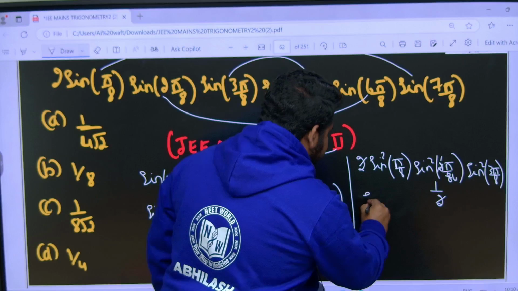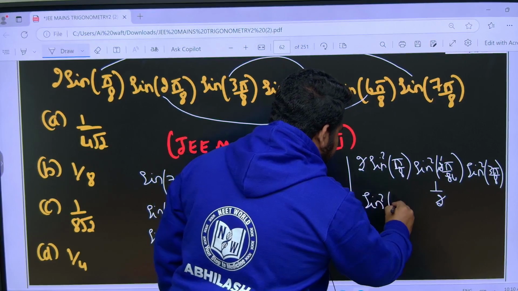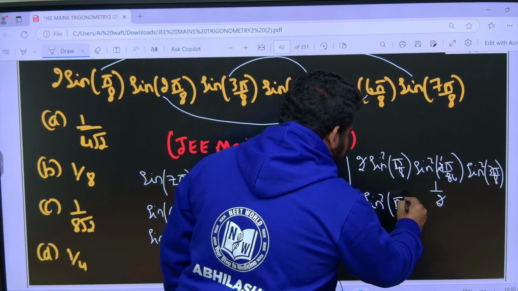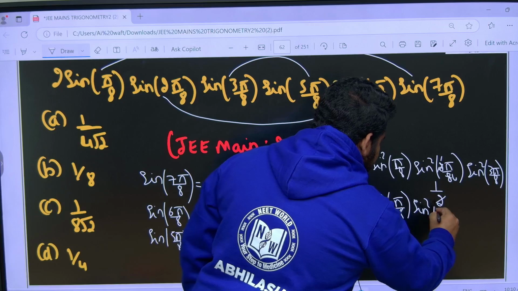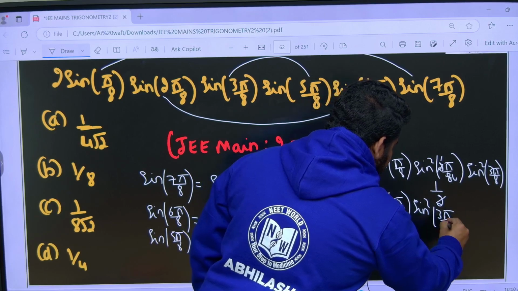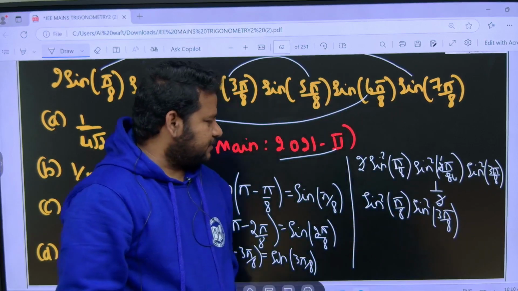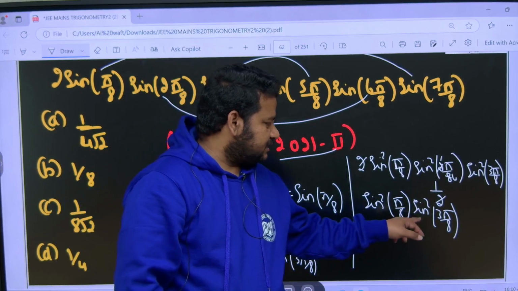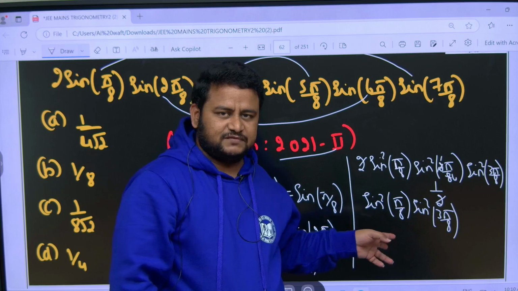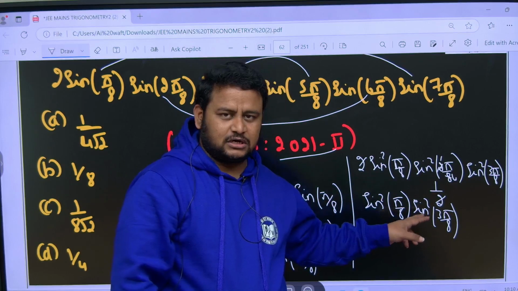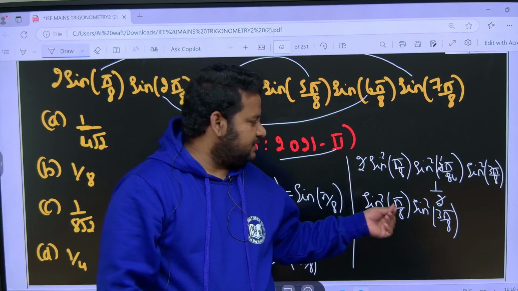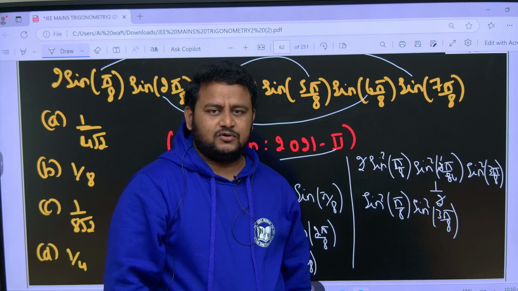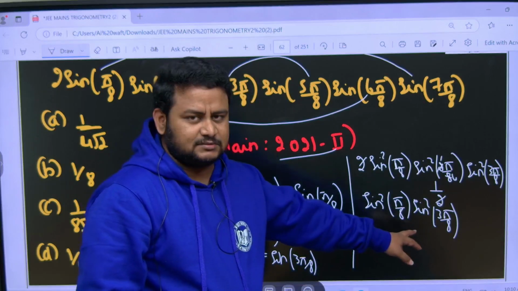Now we are left with sin square pi by 8 and sin square 3 pi by 8. Okay. So here you may think sin square pi by 8 is there, sin square 3 pi by 8 is there. Suppose if it was cos instead of sin, you could have taken something like sin 2 theta, correct? But there it is in sin. So what can we do? Still we can get it in terms of cos.